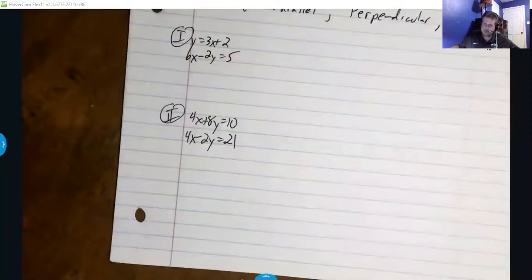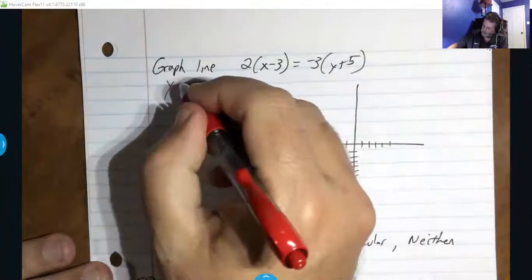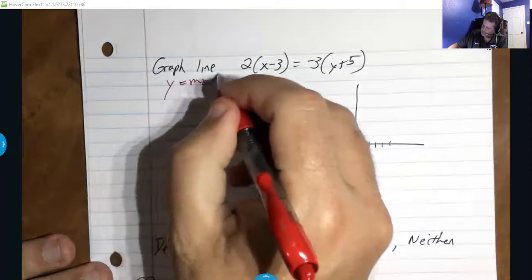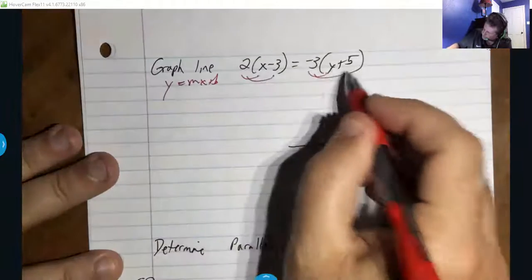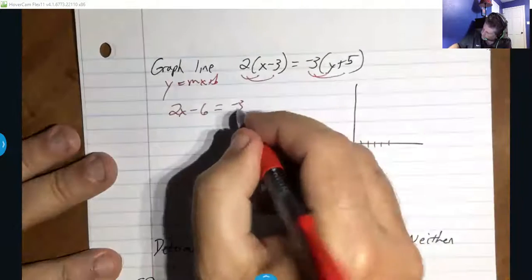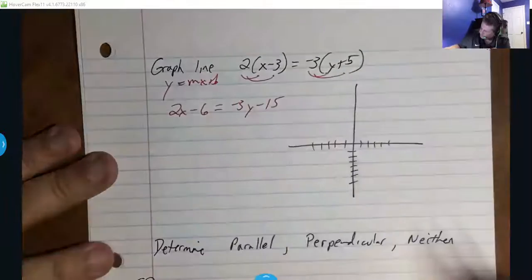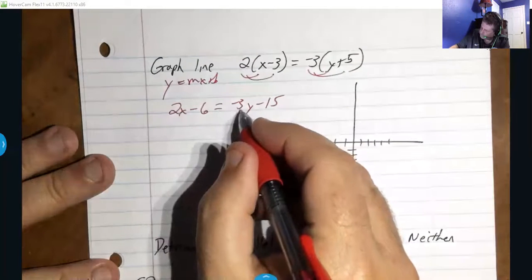Well, here's an equation, and what we need to do is get it into y is equal to mx plus b. So what are we going to do? We're going to distribute. We're going to get 2x minus 6 is equal to -3y minus 15. We have to get y by itself.